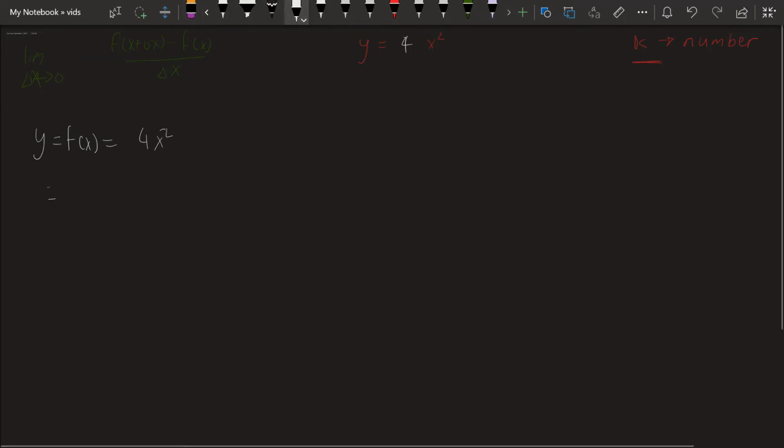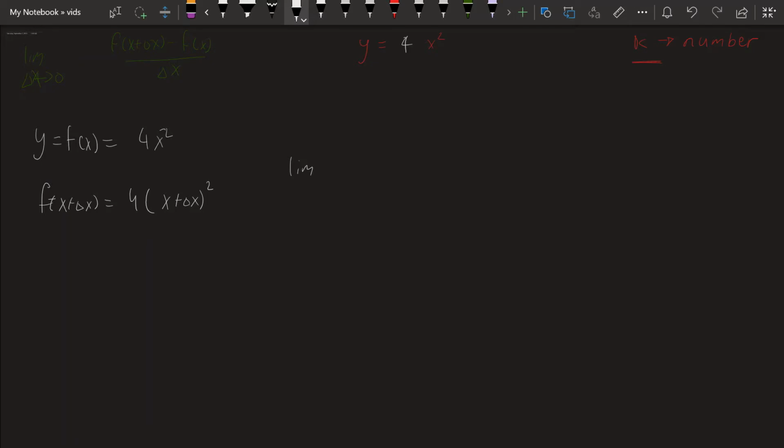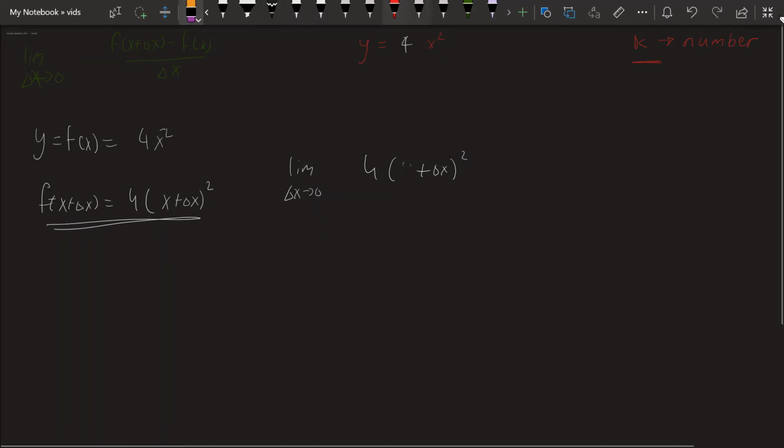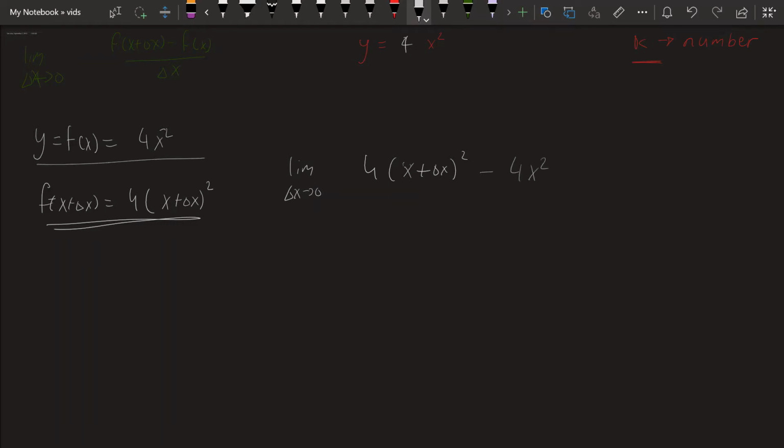So f of x plus delta x is equal to 4 multiplied by x plus delta x squared, right? So let's factor in these things. And f of x plus delta x is basically 4 times x plus delta x all squared, minus f of x, which is 4x squared, over delta x.